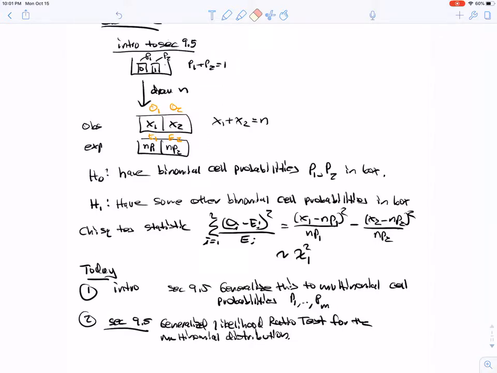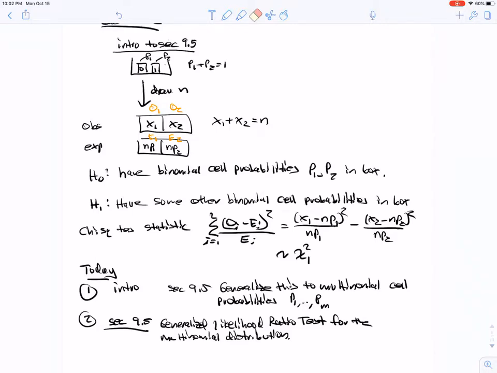Our observed table follows a binomial distribution, so we know that the expectation of E1 is np1 and the expectation of E2 is np2. So those are the expected values.